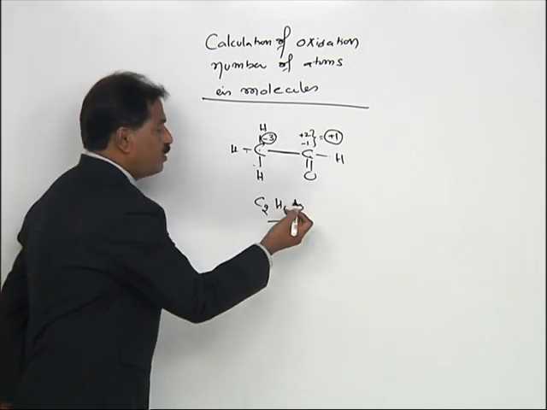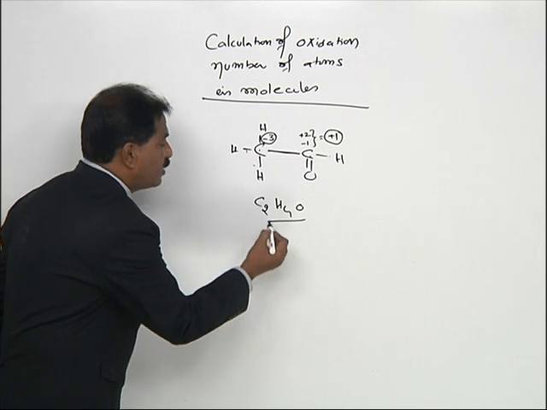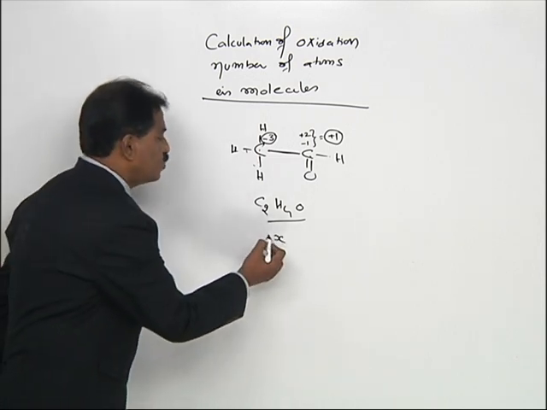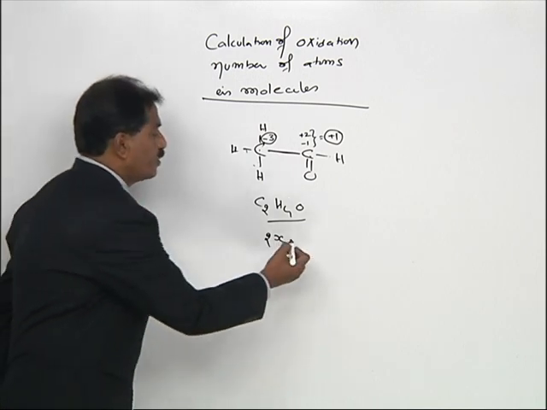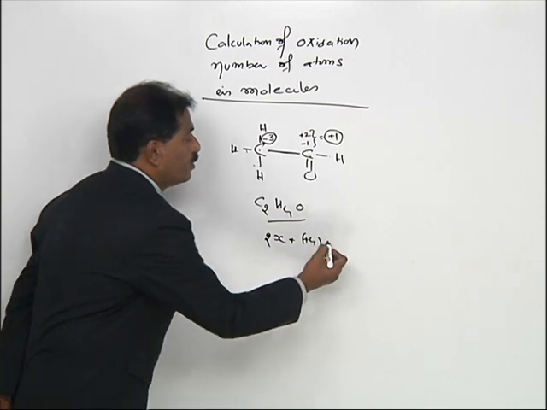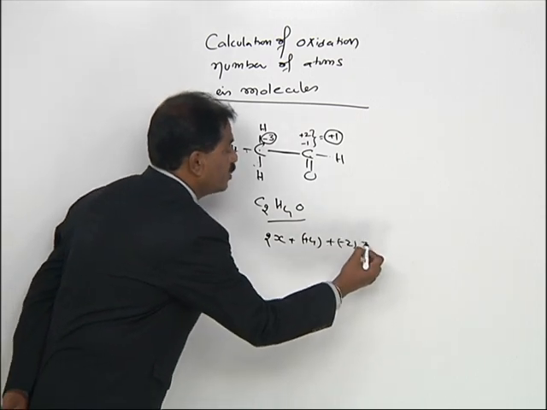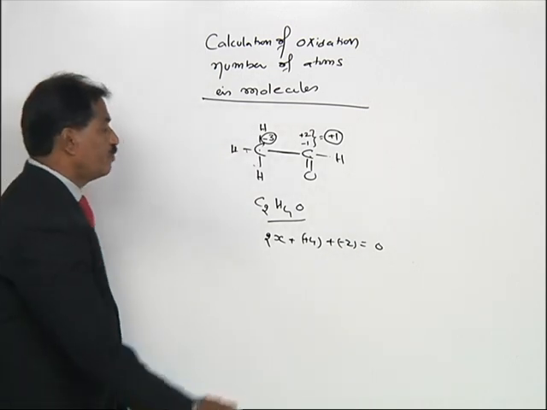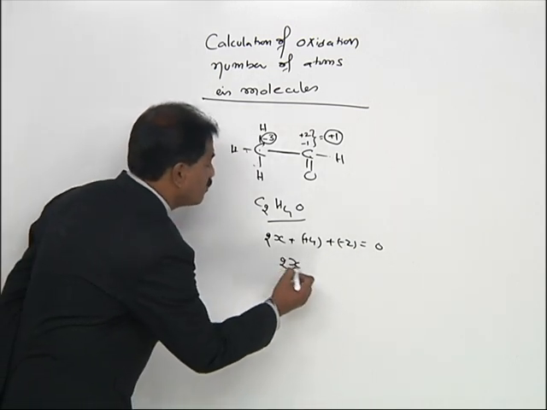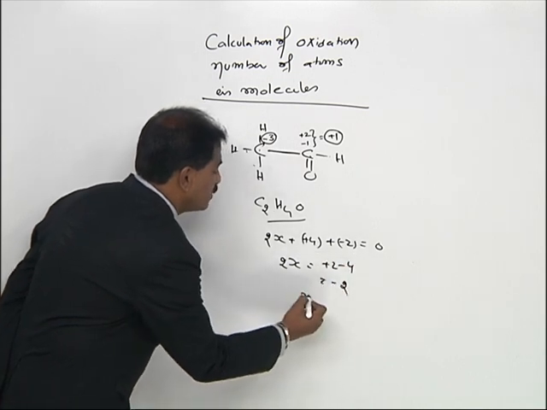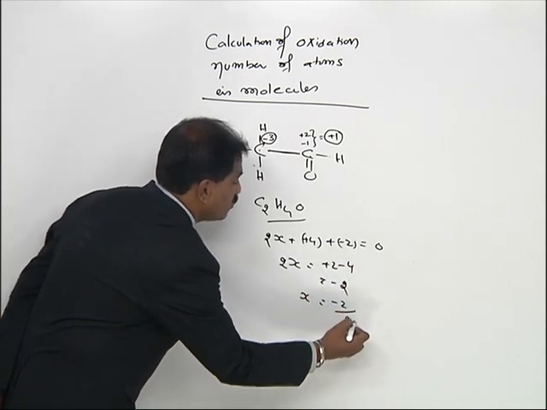Say for example, according to those rules, we don't know the oxidation state of carbon, let us say X. Next, 2 carbons are present, 2X, plus 4 hydrogens are present, so +4, plus -2. Sum of the oxidation states in a neutral molecule is always equal to 0. Therefore, 2X is equal to +2 -4. Therefore, -2. So, X is equal to -2 by 2. So, -1.